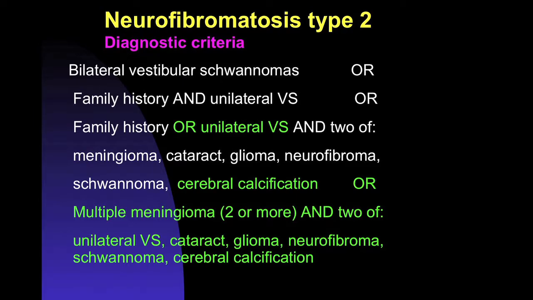So these are the diagnostic criteria for NF2. The original NIH criteria from 1987 are in white, and the ones in green are the ones that I added in the Manchester criteria to allow you to get a diagnosis if you didn't have bilateral vestibular schwannomas, so bilateral tumors of the hearing and balance nerves, sometimes called acoustic neuromas in the past.